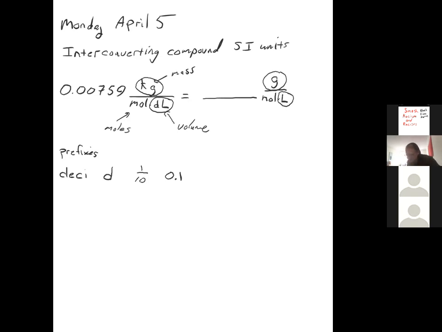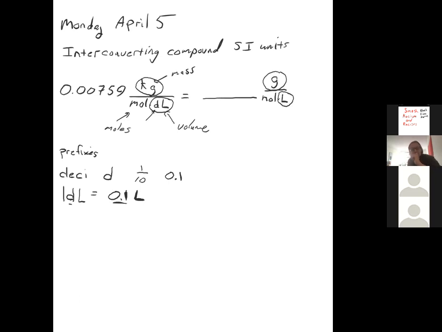So I'm going to make the following conversion relation: 1 deciliter is 0.1 liters. All I'm doing is saying deci is 0.1, and that's your conversion factor.